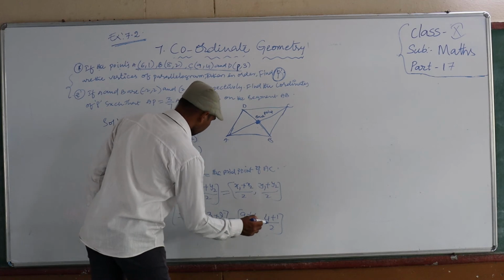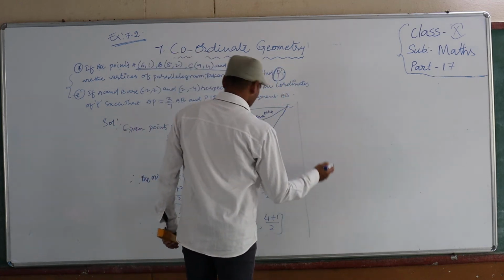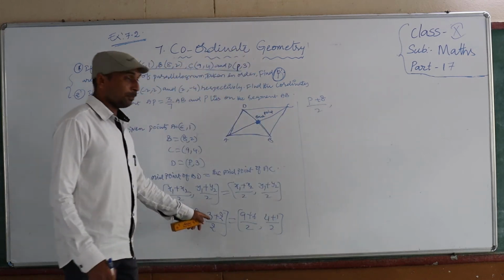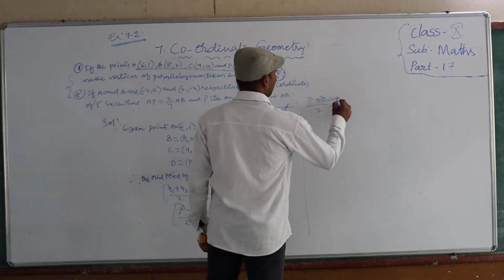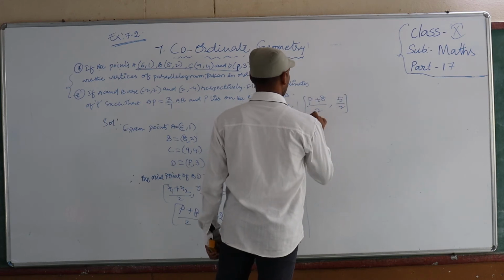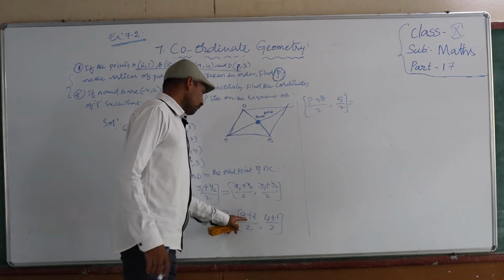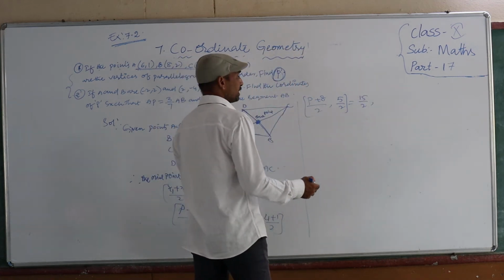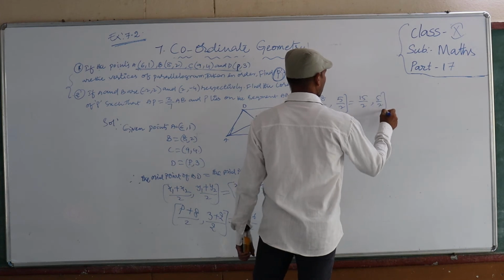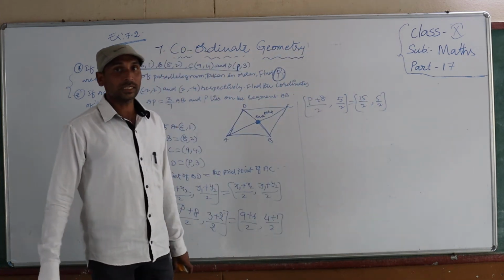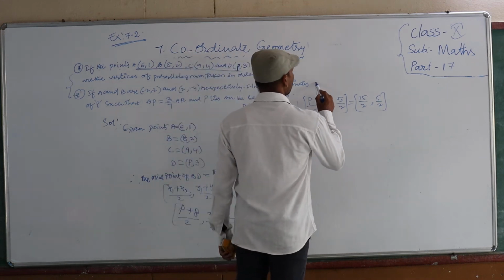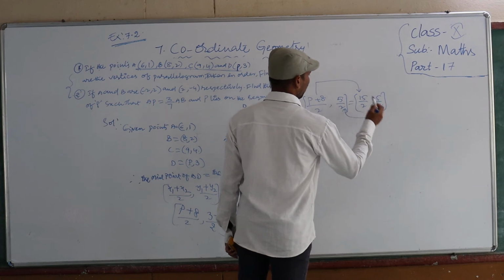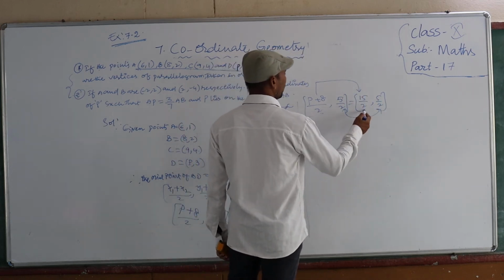So here, (P plus 8) by 2, comma, 5 by 2, is equal to 15 by 2, comma, 5 by 2. If you observe carefully, the corresponding coordinates are equal. Already these both are equal, 5 by 2, 5 by 2. Then we have to make these two equal.